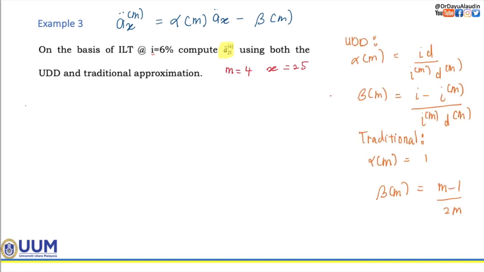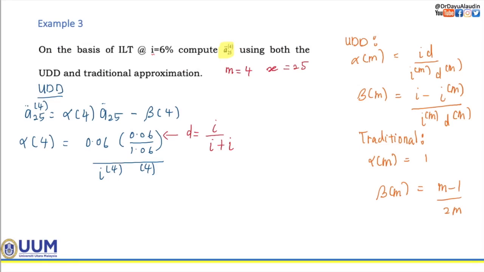We have two types, UDD and the traditional. The difference is only the alpha and the beta for both cases. For traditional, it's simpler because alpha is equal to 1 and beta is only (m minus 1) over 2m. The complicated one is the UDD case. So let's try the UDD first. We have to find the alpha, i, i(4) times d(4).